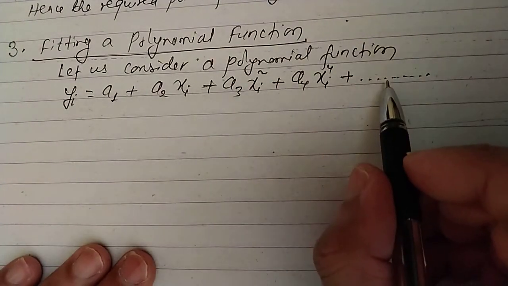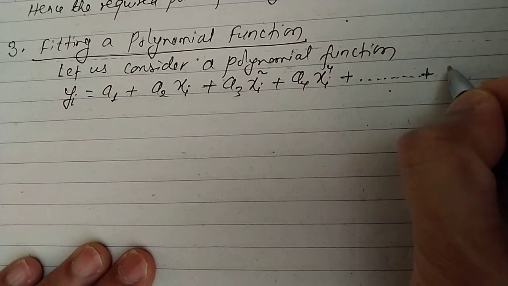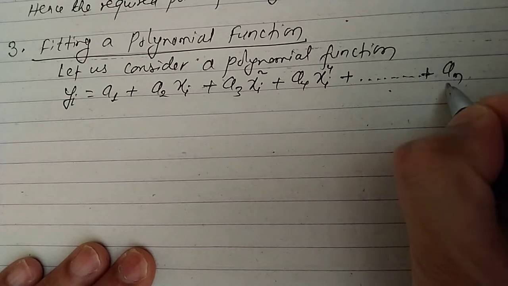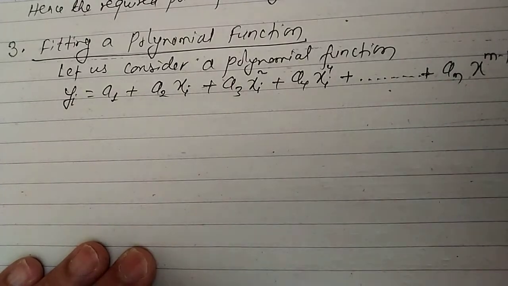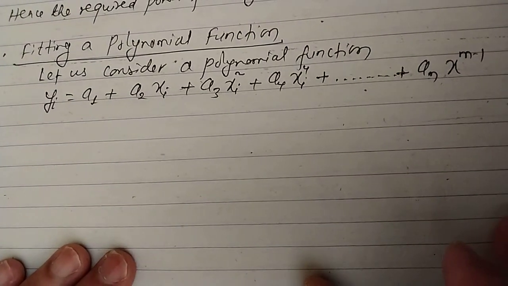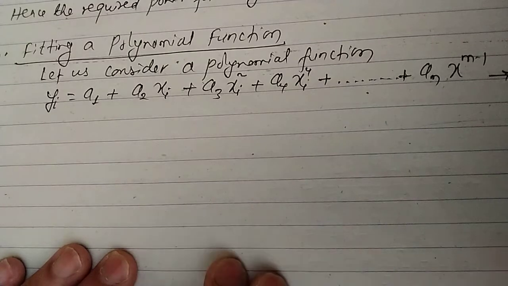You can write the general term if you wish: am x power m minus 1. We'll call this equation number 1.